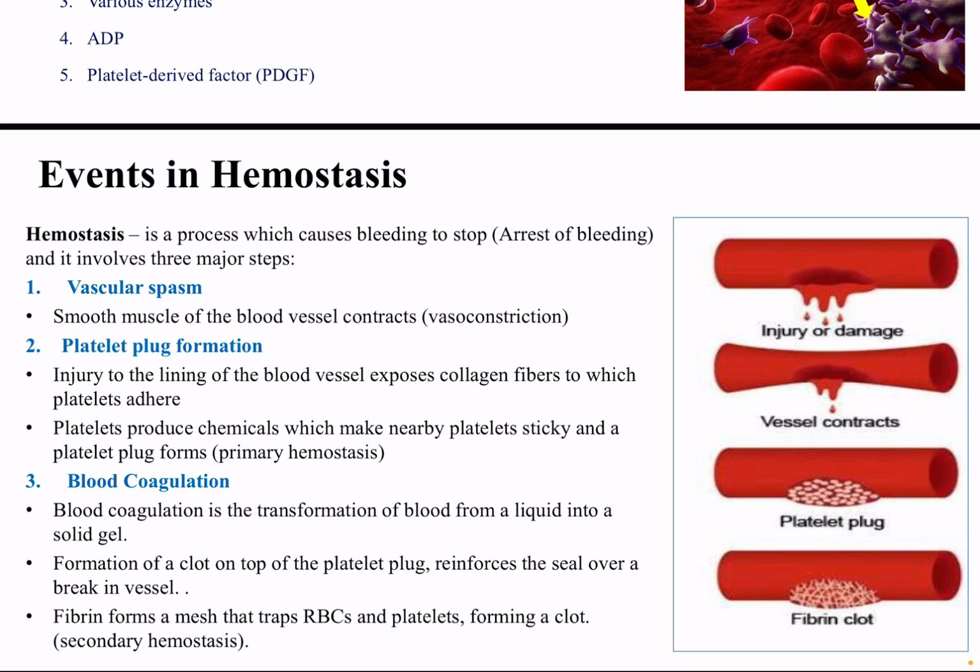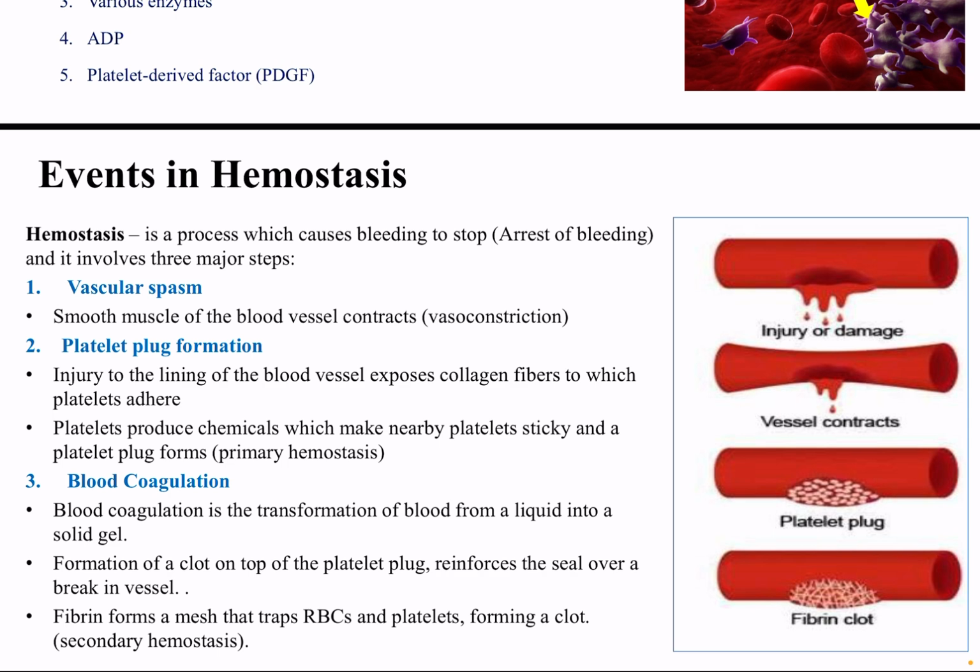Aggregation of the platelets leads to secretion of enzymes, of which thromboxane is important. This enzyme triggers activation of thrombopoietin into thrombin. The thrombin activates formation of fibrin from fibrinogen.